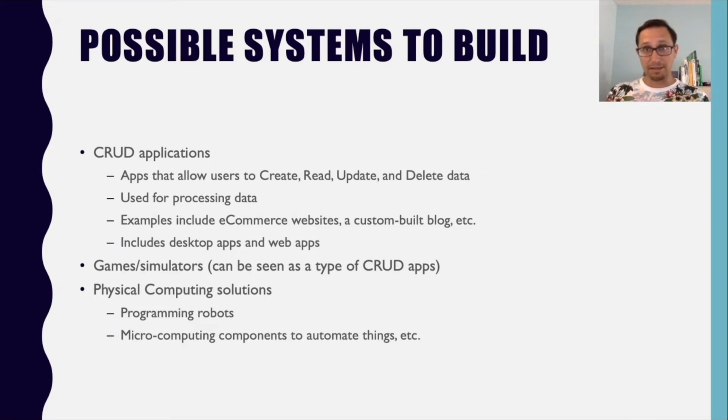Another example could be automated watering of a plant. There's a sensor that checks the moisture of the soil, and when it gets below a certain point, it's programmed to automatically trigger and water the plant. That's a typical example of a physical computing solution. So those are completely on the table as well.